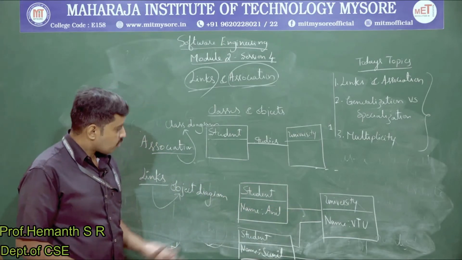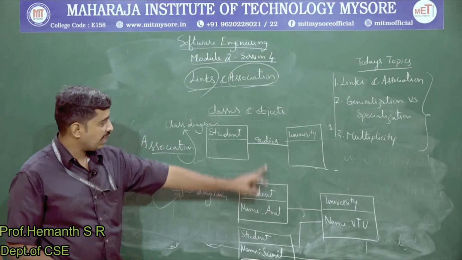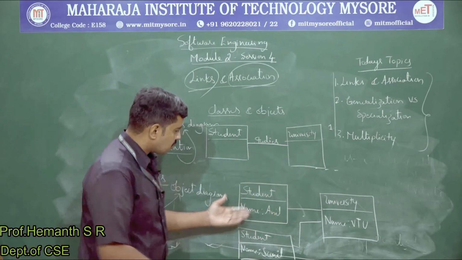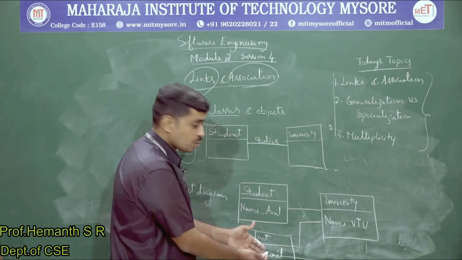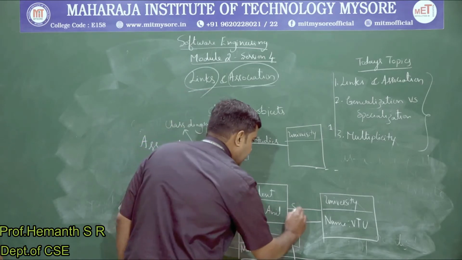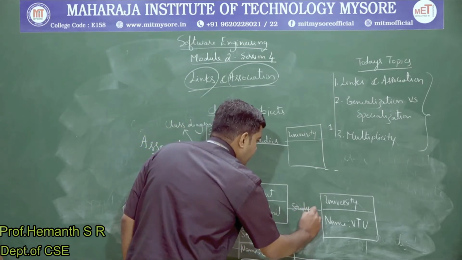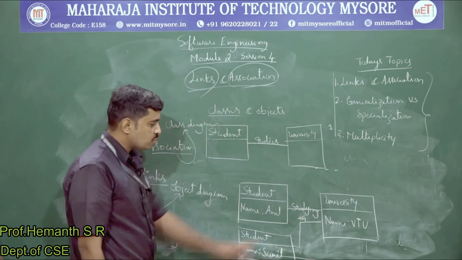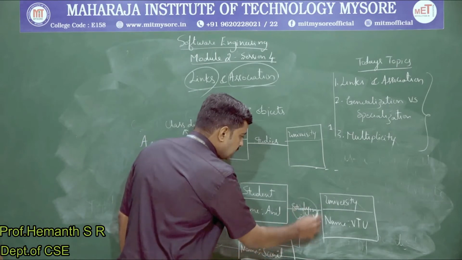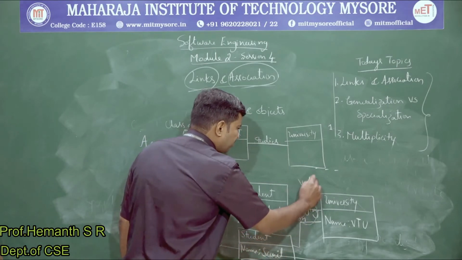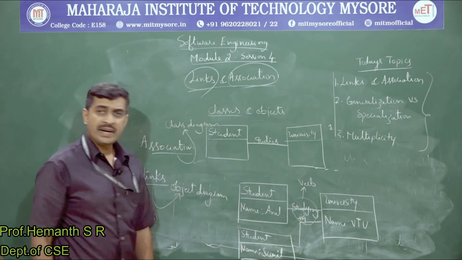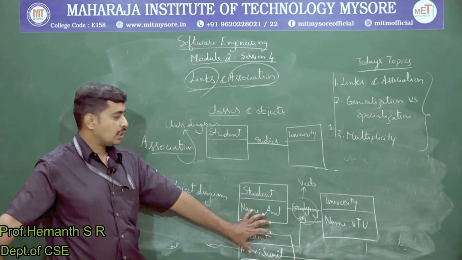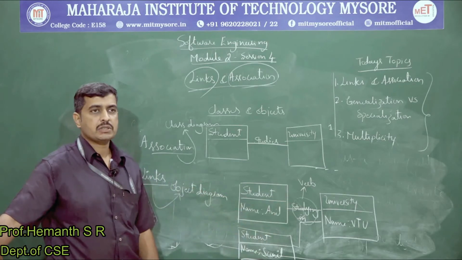That relation I can write above the line as explained previously, for example, student studies in university. Please note, this is an action verb indicating how the student objects are related to the university object.